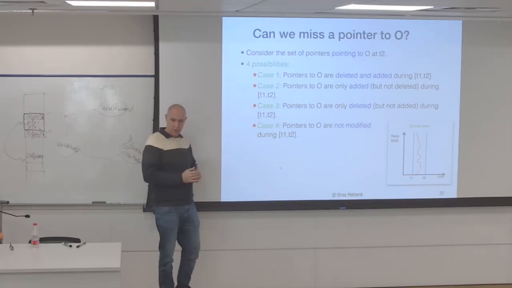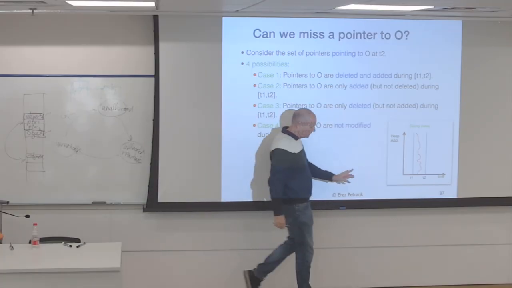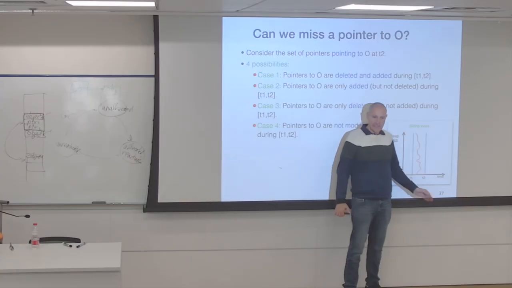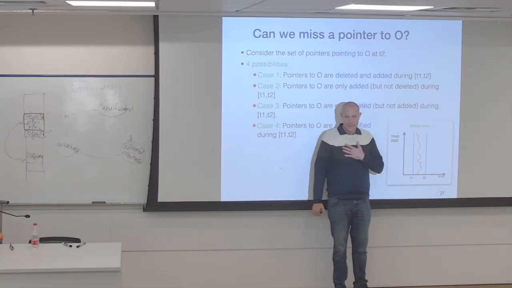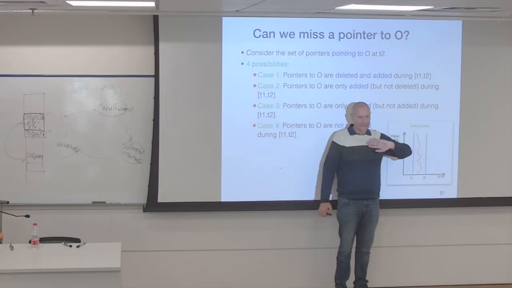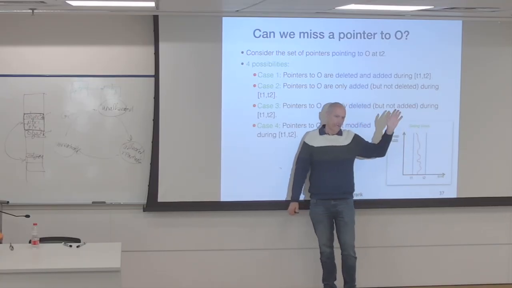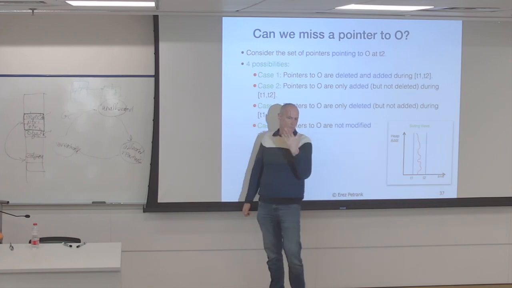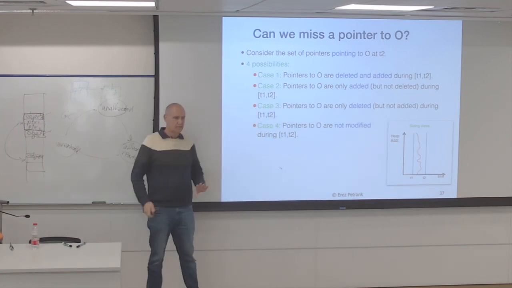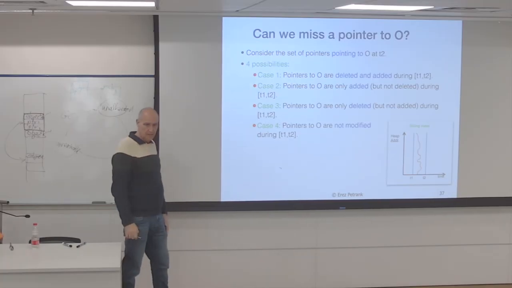But if there is a pointer that was added just between these two, T1 and T2, then I will record it to myself and it will become like an additional root. I will traverse it whatever happens. This will be for me an object. If it receives the new pointer, then for me it's alive. I'm going to traverse it.